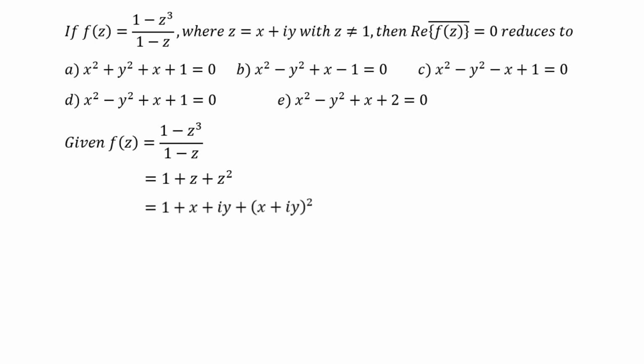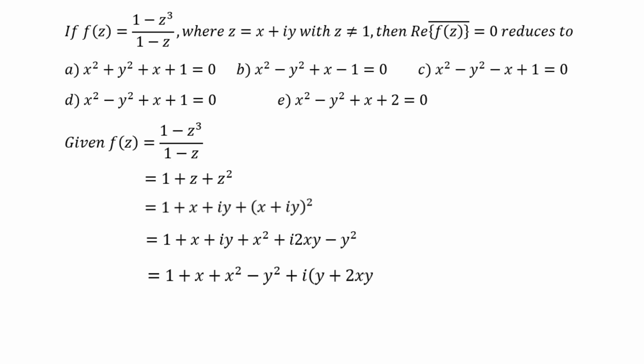Expanding (x + iy)^2, we get x^2 + i·2xy − y^2, since i^2 y^2 can be written as −y^2. Then arrange the real and imaginary parts. We get 1 + x^2 − y^2 as the real part, and the terms involving i, that is i(y + 2xy).